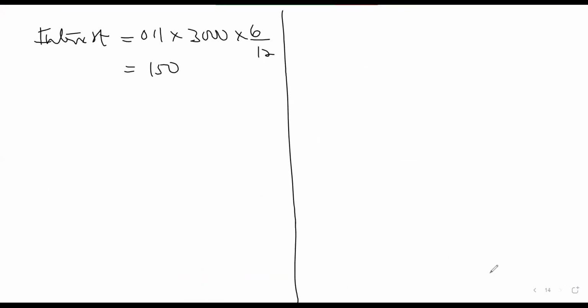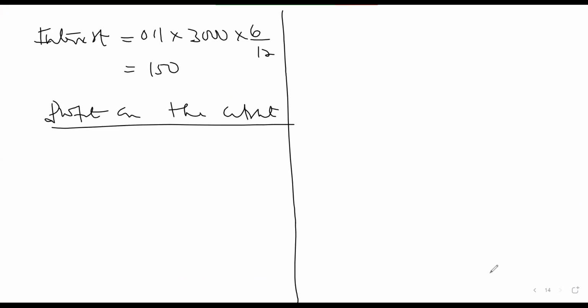So it is very important, since we are showing only adjustments, that you calculate the profit on the contracts. Profit on the contract will be calculated as the total contract price, which is 25 million, minus the total contract cost, the total cost that the company will be incurring to complete the contract.